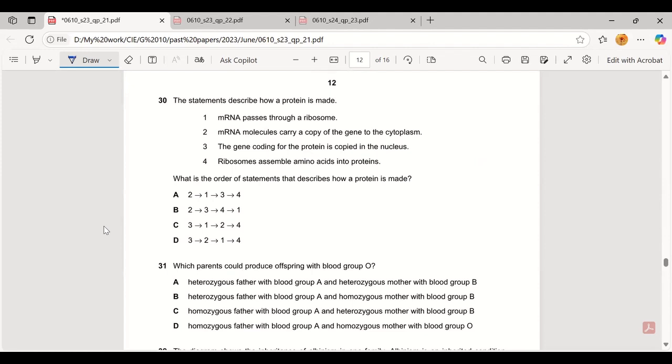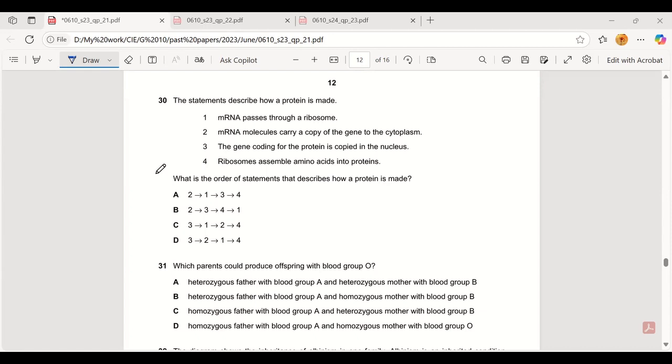The statements describe how a protein is made. Anud, you're so late. Yes, Anud. Number 30. C. Number C. Can you give me another answer?